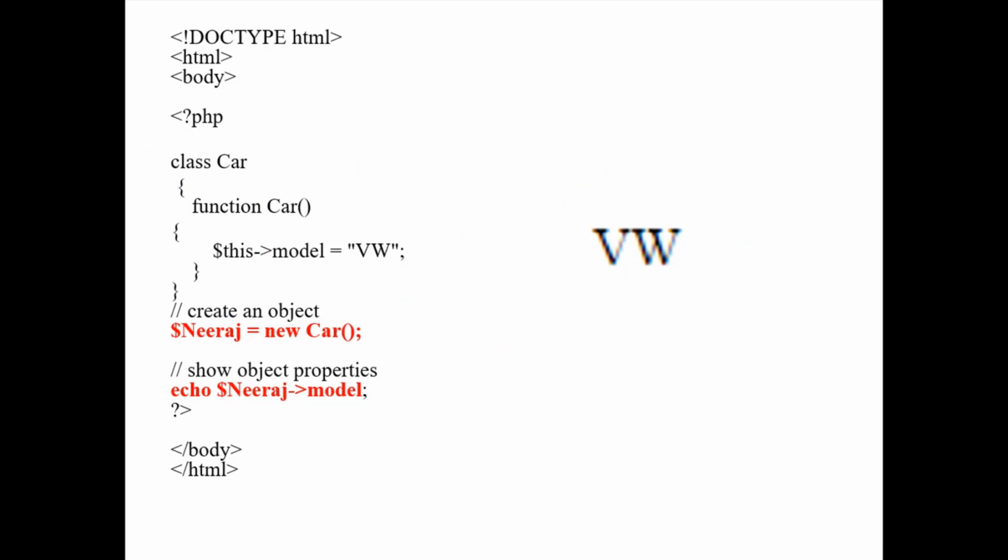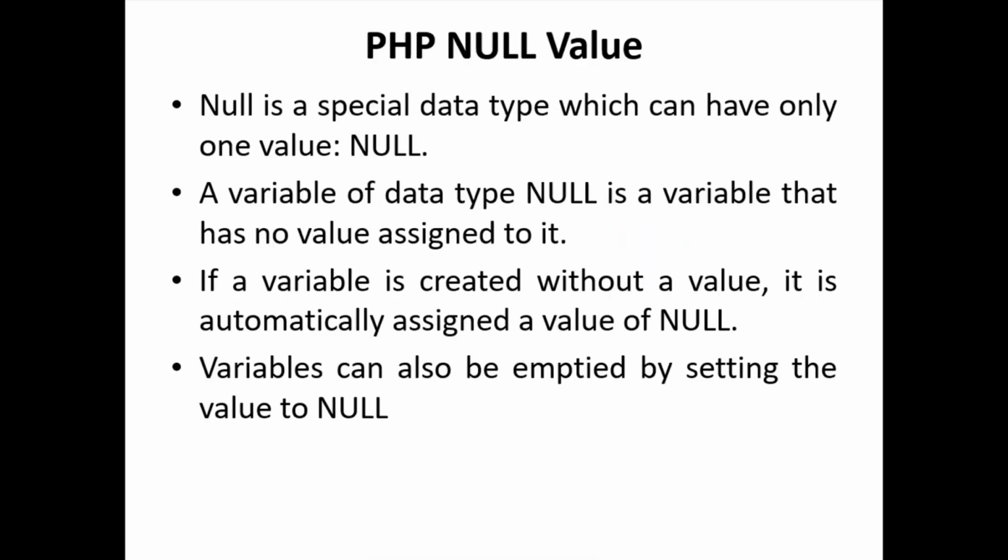This is how we create a class, and this function car is called a method. And if we create variables inside this class, they are called the properties of a class.